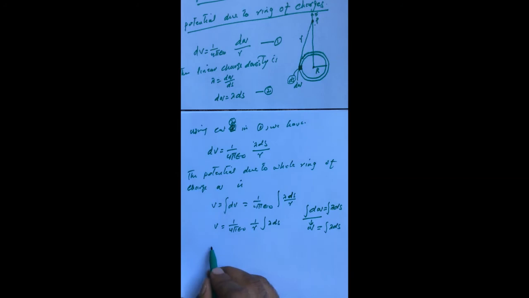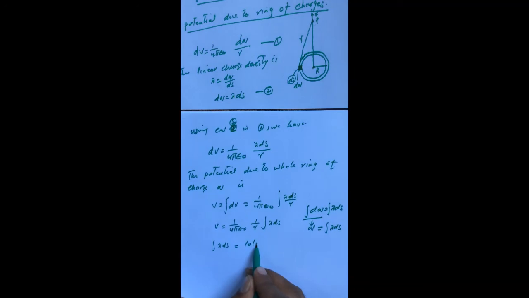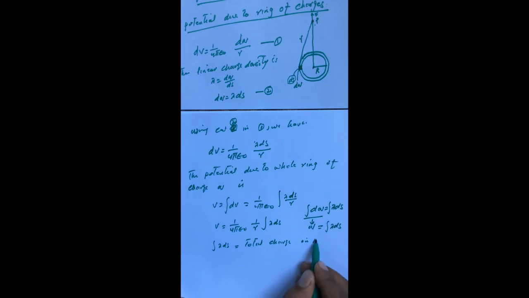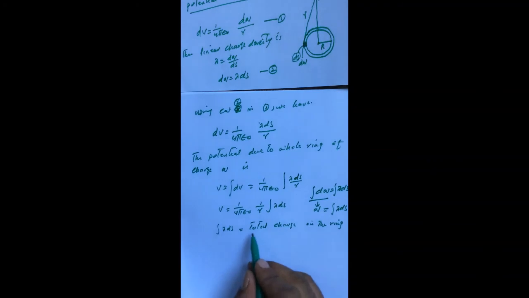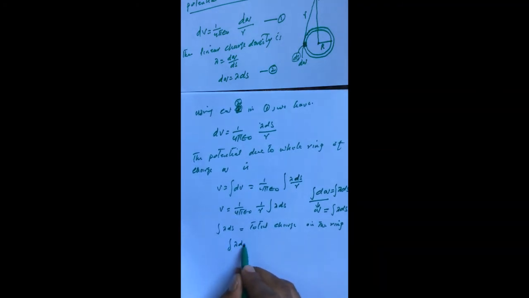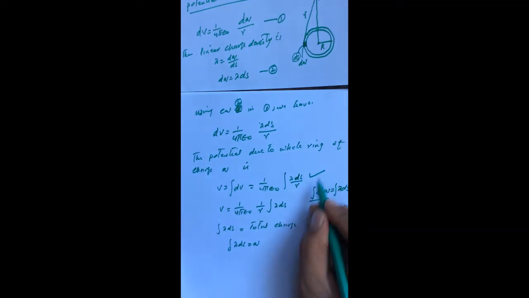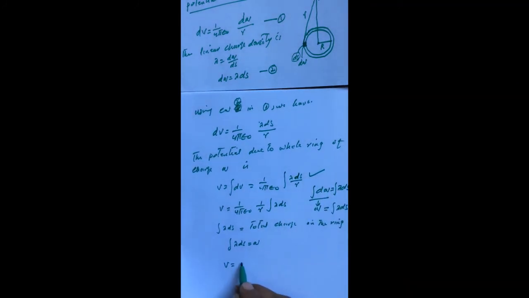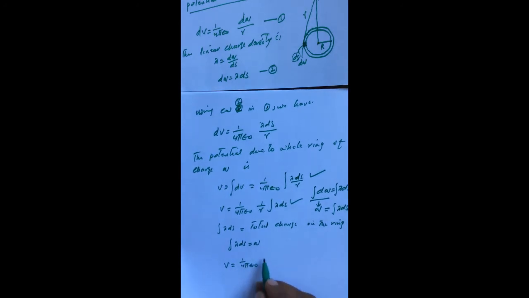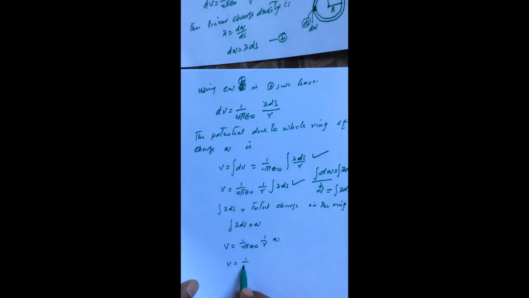So lambda ds integrated is the total charge on the ring. So if I put lambda ds equal to q, the potential is 1 over 4 pi epsilon naught 1 over r into q. V is equal to 1 over 4 pi epsilon naught q over r.